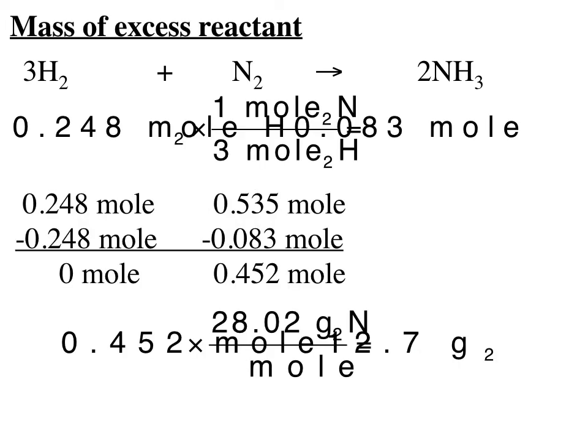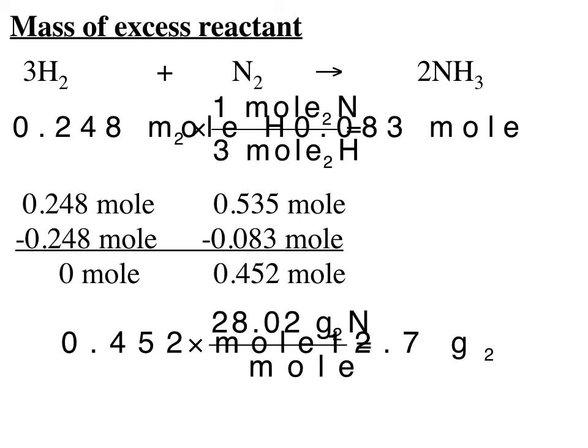Let's now find how much excess N2 must be in the pot. So what I will do is take my limiting reagent, use the stoichiometric ratio between it and the excess reactant, and I will find that when I use all the limiting reagent, I will use 0.083 moles of the excess reagent.